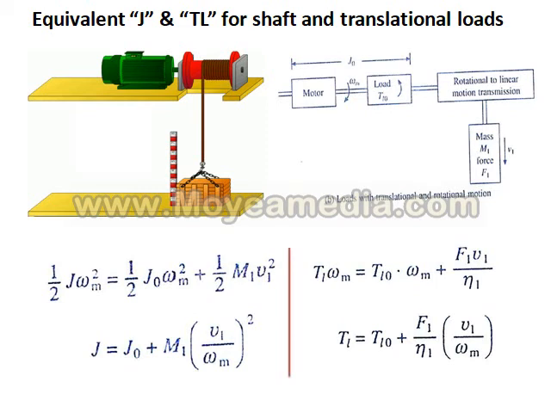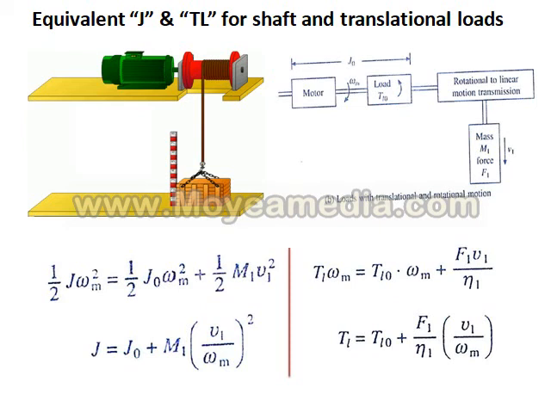Similarly, writing the formula for power, TL omega m is equal to power in the directly coupled load TL0 omega plus power in the linear, translational load, which is given by force into velocity, F1 V1, divided by eta 1. Here again we are taking into account the rotational losses in the rotational to linear motion transmission system.